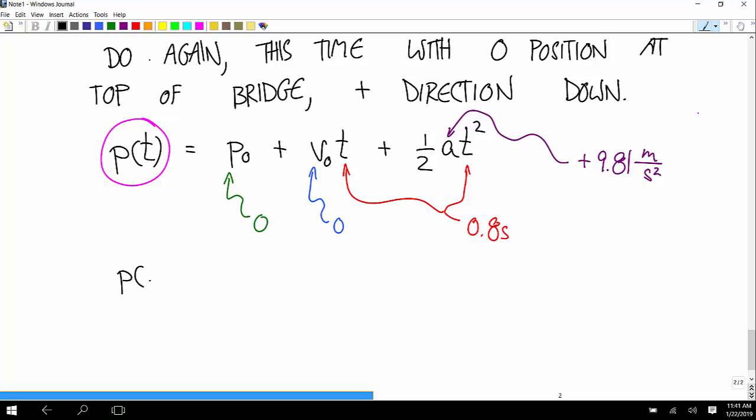So position is equal to 0 plus 0 minus 3.14 meters. Plus, sorry. Yes, thank you. Yes, plus. So this is, I guess, I'll write this as the position at 0.8 seconds. That's not times, that's as a function.